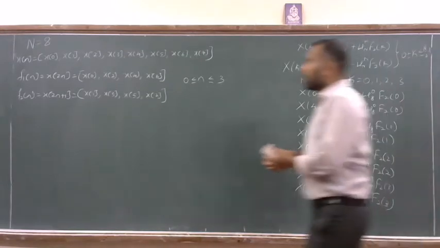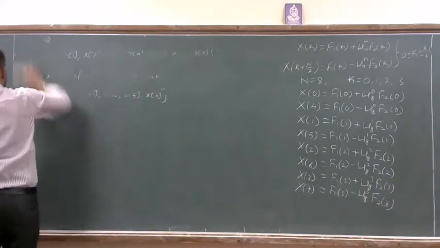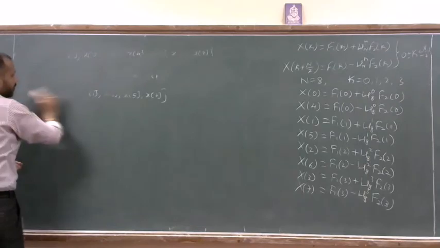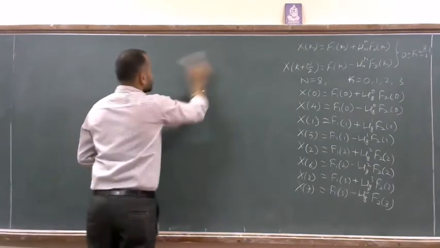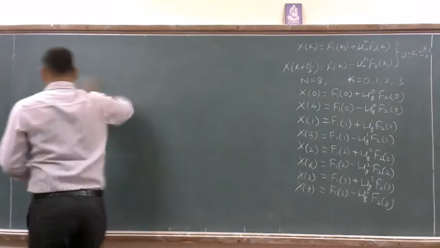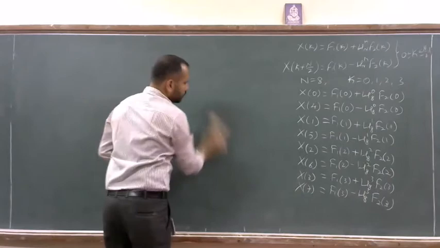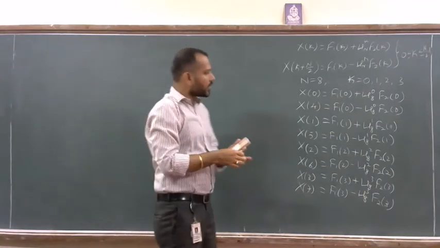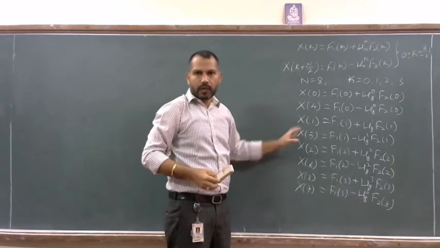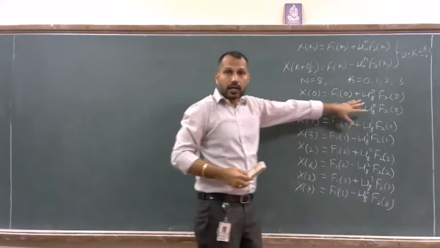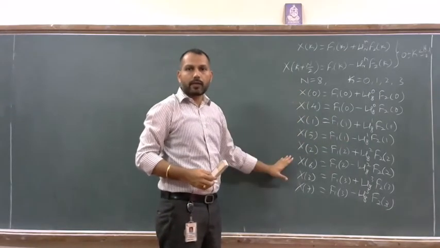Now let us represent these equations, what they are written, in terms of a signal flow graph. You can look at these equations as the transformation from input to output. Input at this stage are two 4-point DFTs and output is one 8-point DFT.